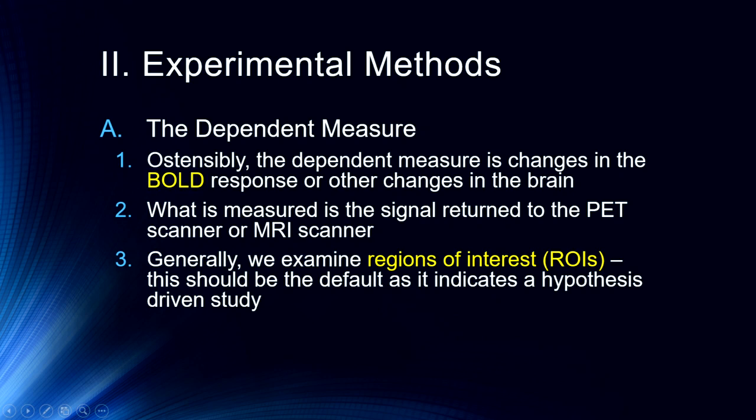We might look, for example, in the inferior parietal lobe when we're doing an attention task, because we know individuals with damage to the inferior parietal lobe have difficulties with attention. And so we might look at that region of interest. And really, this is how all of these studies should be done. They should all be hypothesis-driven. That is, they should all start with, we expect to see changes in part of the brain. Not to get too technical.